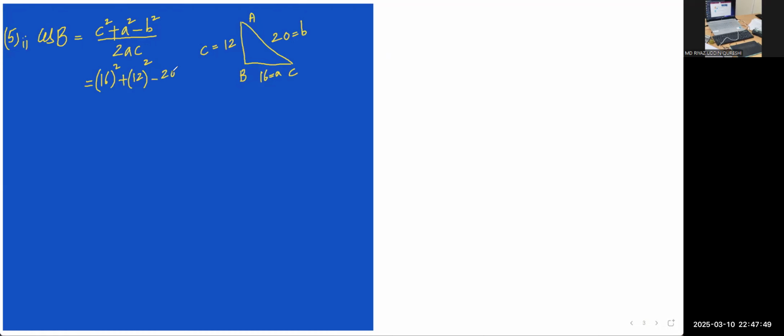If you have a calculator, you can calculate this one and tell me the answer. Just give me 1 second, please. You can plug in these values in your calculator.